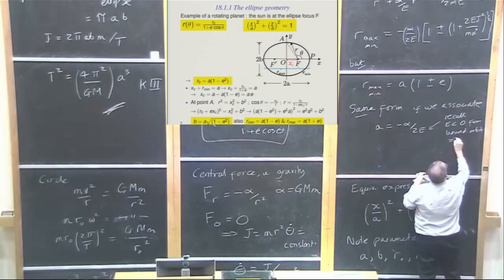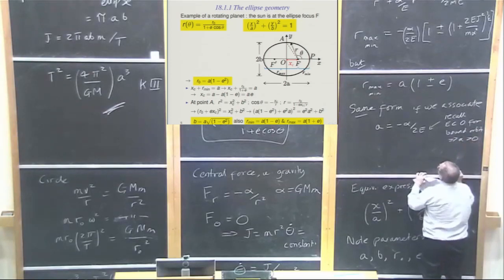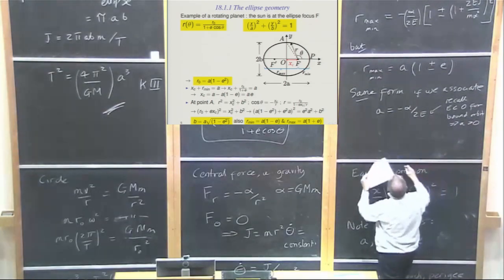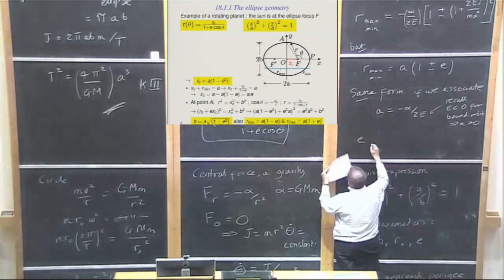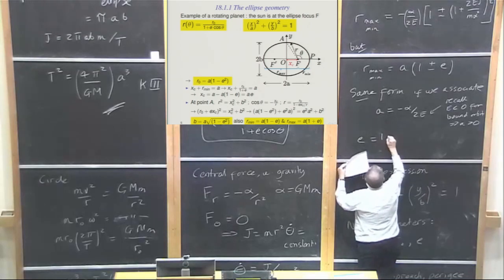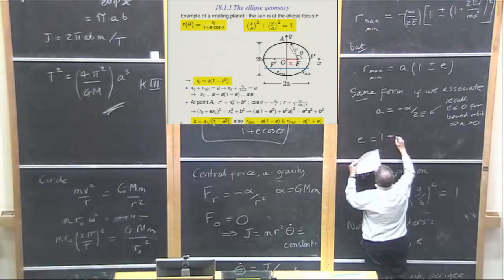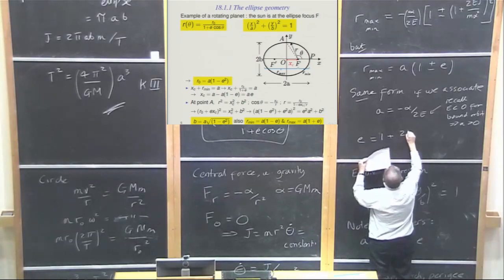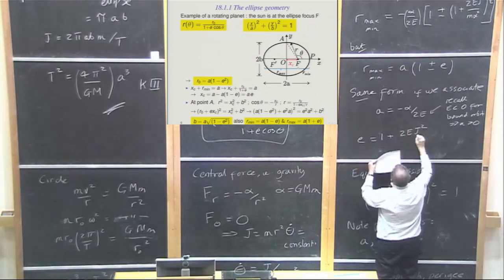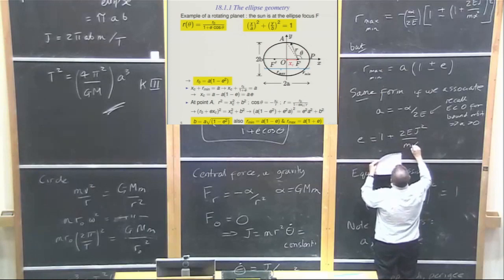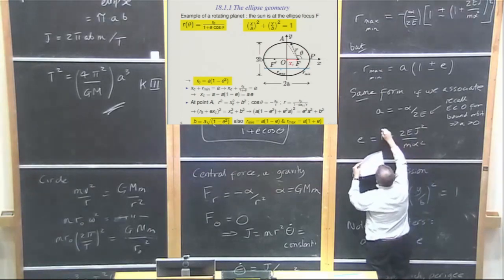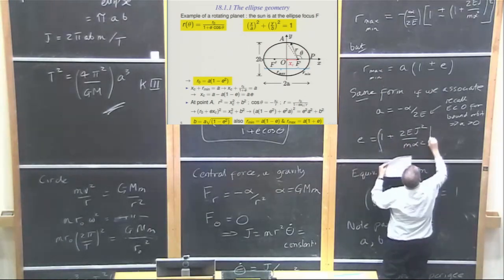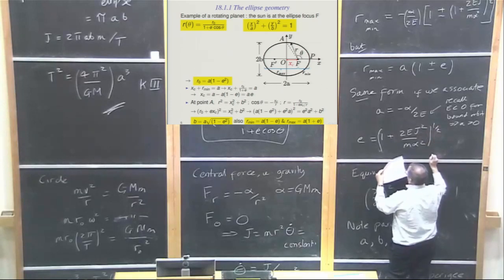So this means that A is positive, so that's great. And what else would we conclude by looking at that? We'd conclude that e is equal to 1 plus 2E j squared over m alpha squared, all to the half.